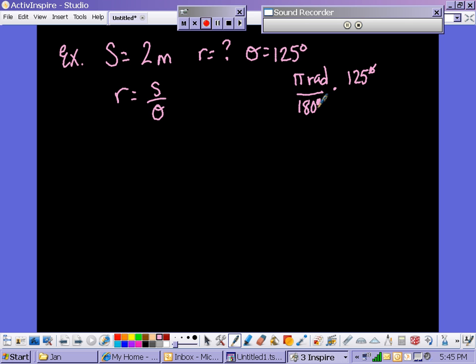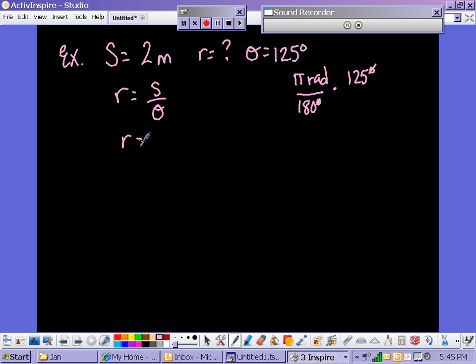And that was from the lesson from today. So pi radians times 125 over 180. I give you a minute to get that and leave it as a fraction. All right, 25 over 36.